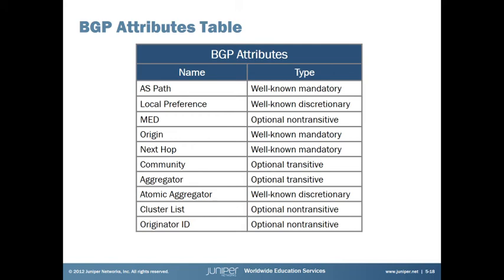And then we've got optional non-transitive, not required to be supported by all BGP implementations. If an optional non-transitive attribute is not recognized, it is ignored and not passed to other peers.